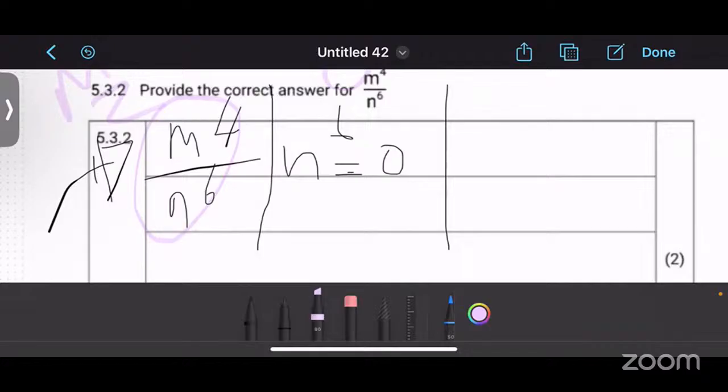So that means if we are dividing and the bases are not the same, there's nothing further that we can do. We'll just rewrite it as it is because that is already in its simplest form. M to the power of 4 and n to the power of 6 cannot mix each other.